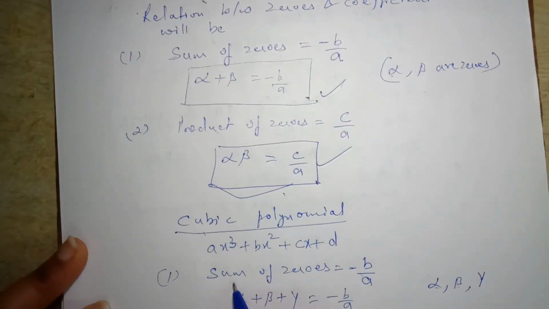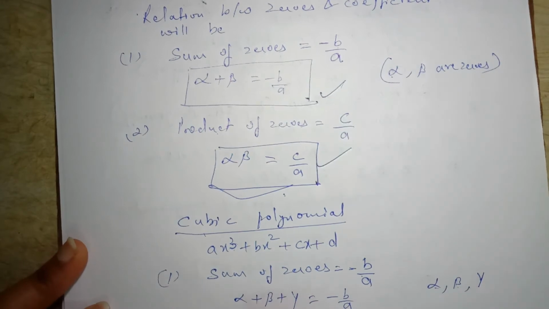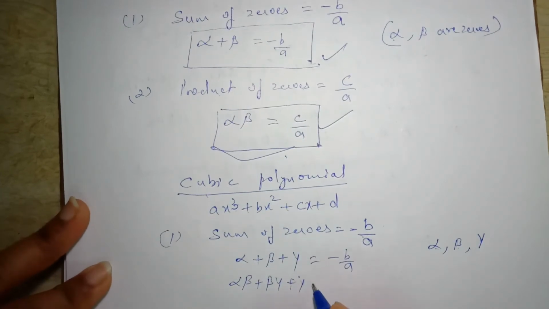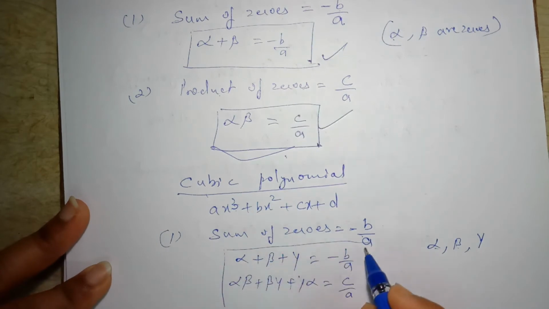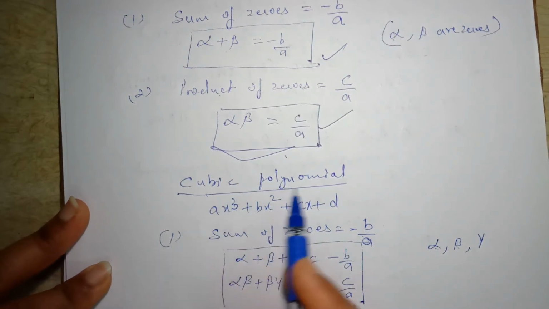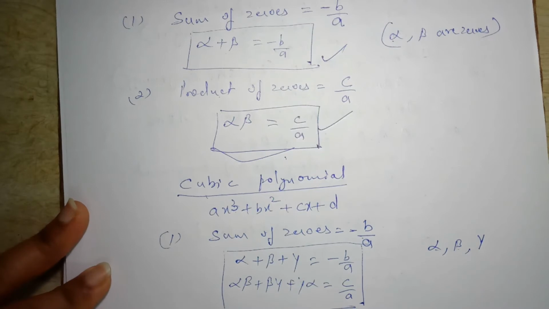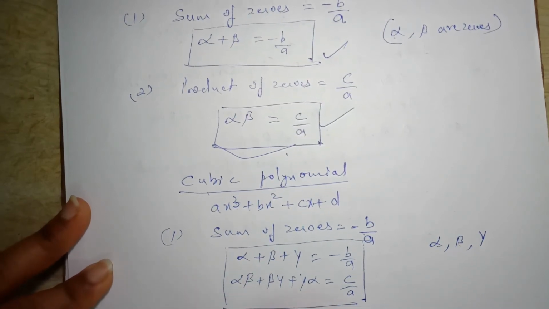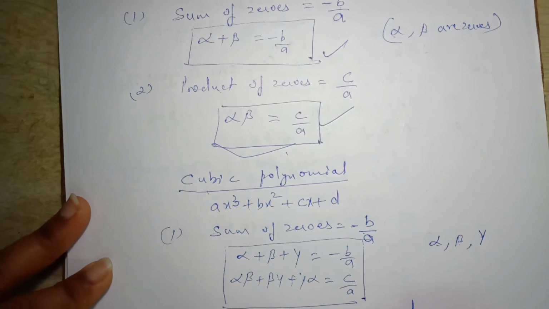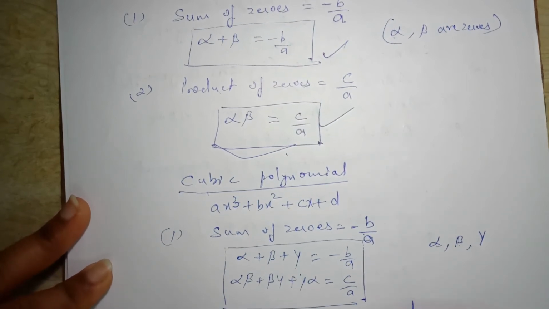One more condition is there: the multiplication of two zeros at a time, alpha into beta plus beta into gamma plus gamma into alpha, is equal to c by a. And second, the product of zeros is equal to minus d by a.